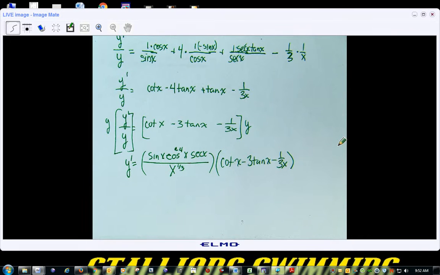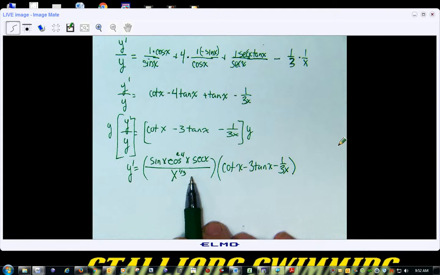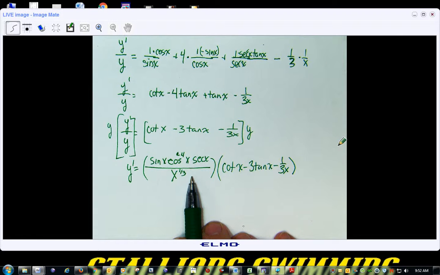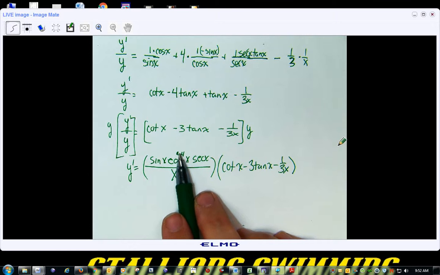But with logarithmic differentiation, this is where it usually stops. Do we got our y prime? This is what it ends up being. That's cosine to the 4th power. And I just didn't put it in the right spot. My pen exploded, so there was an ink blot right there. Sorry.